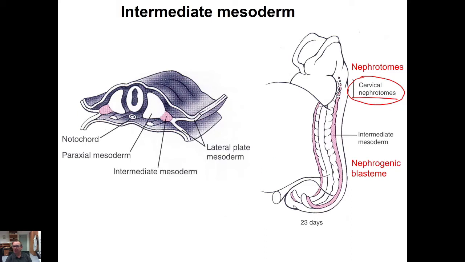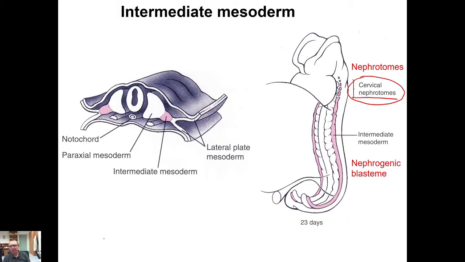The other, thoracic, lumbar and sacral part of the intermediate mesoderm remains unsegmented, and it's called nephrogenic blastema, which gives rise to kidneys and gonads and some parts of genital ducts also. So that's everything at this moment about the intermediate mesoderm.